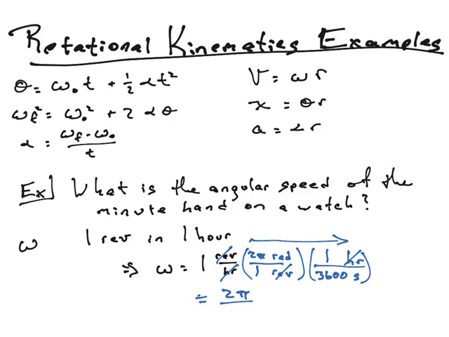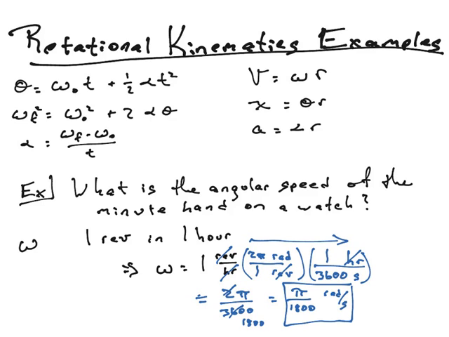And on bottom, I have 1 times 3,600. Well, let's simplify. 2 cancels this, makes this 1,800. So I get pi over 1,800 radians per second. And of course, if you had a calculator, you could plug it in and get some decimal, that's fine. But this is good enough.